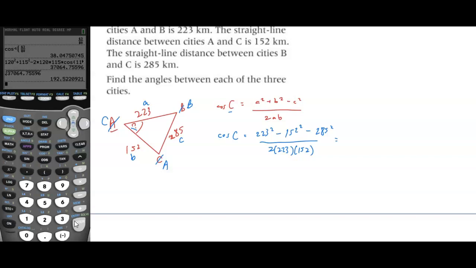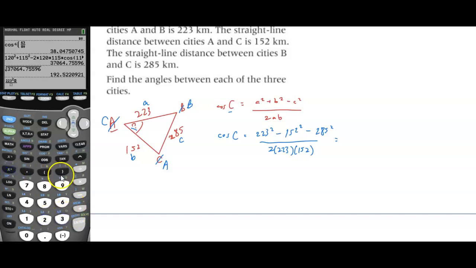So let's simplify the right side using a vertical fraction because we don't want to put parentheses around the top and the bottom. It's kind of easy to forget and then it'll lead to a mistake. 223 squared. I'm sorry, that should be plus, right? Plus 152 squared minus 285 squared. On the bottom, I'm going to have 2 times 223 times 152.